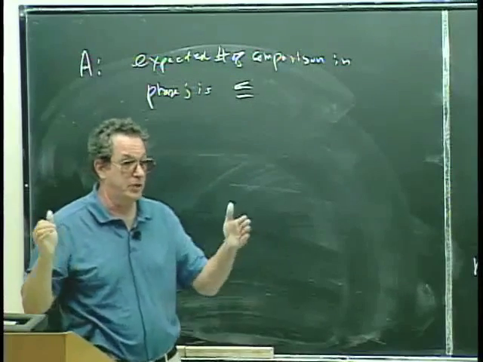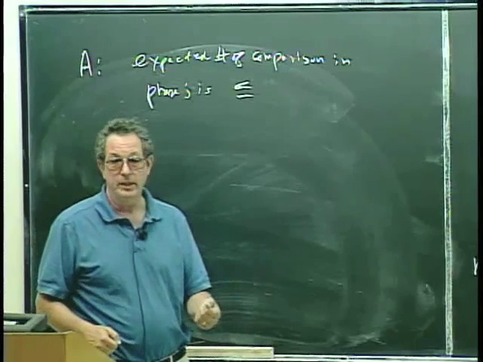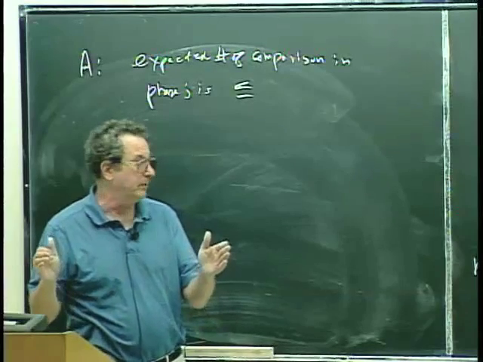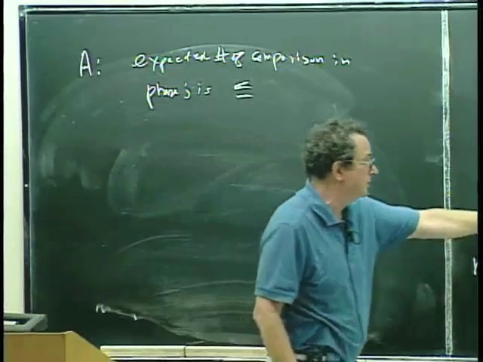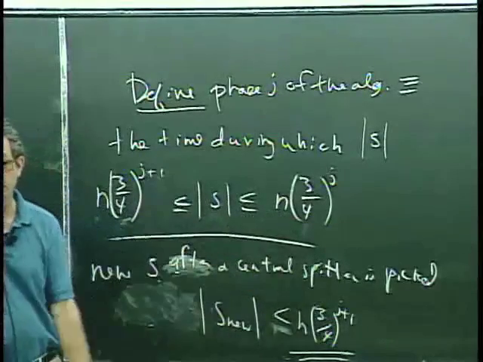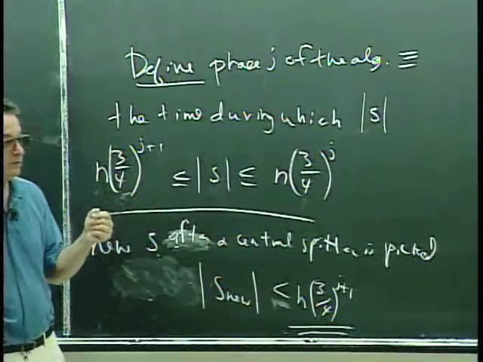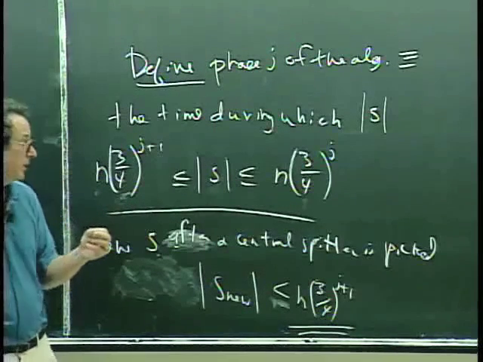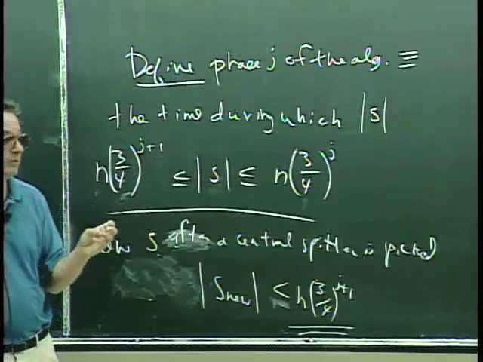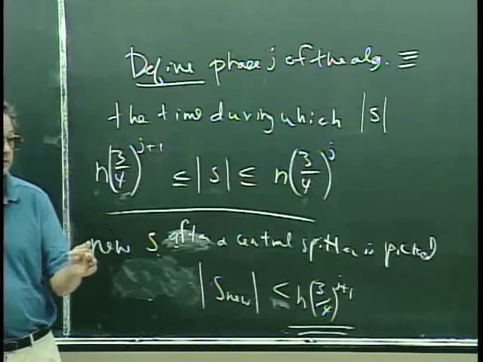You just entered phase j. You're going to pick splitters. As you're picking splitters, you're doing comparisons. And if the size of S gets outside of this interval, you're no longer in phase j. Second fact that we know is that the expected number of picks until a central splitter is 2. Third thing we know is that if you pick a central splitter, you will definitely get out of phase j.